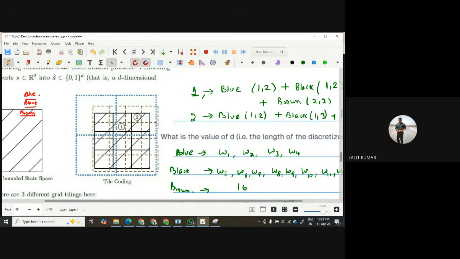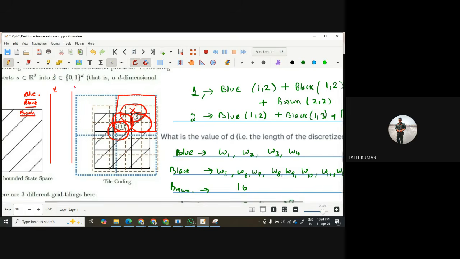So in blue, you have got only this common. In black, this and this are not common, they are separate. Similarly, in brown, this and this are separate. So when you have the vector for 1 and 2, it will be matching only at one position for blue.